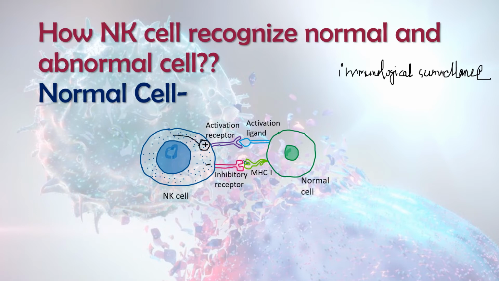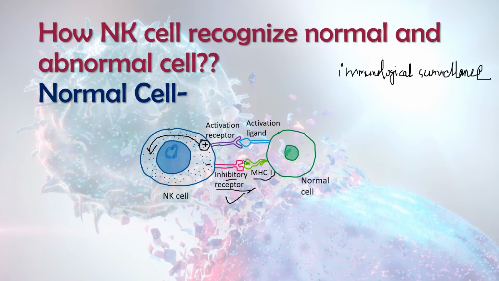Now, but here is a surprise. What surprise is that? So let's discuss. There is an inhibitory receptor here. Basically, this is very important. This inhibitory receptor is very important for recognizing whether the cell is normal or abnormal, as this inhibitory receptor recognizes self MHC1 molecule. This is the MHC1 molecule.